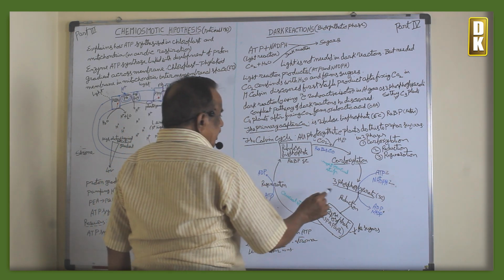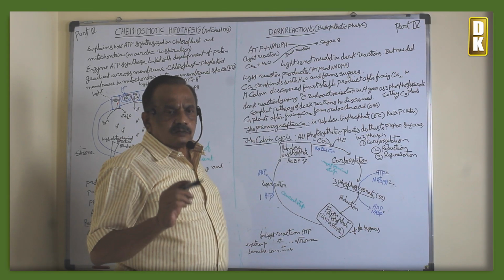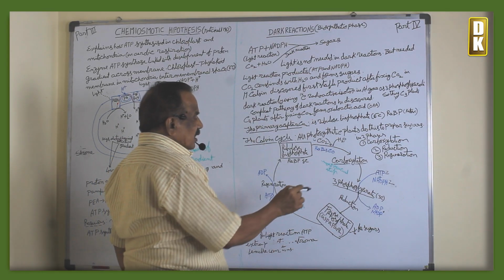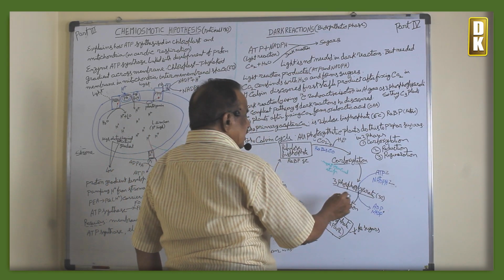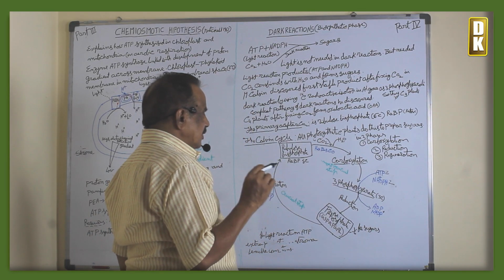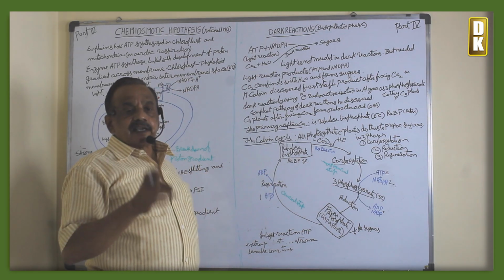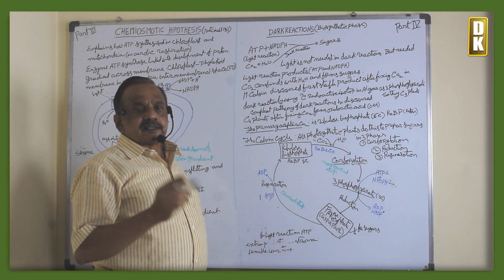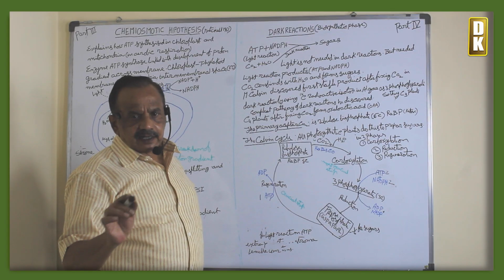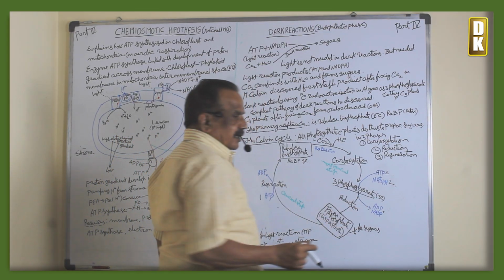Now, how many ATPs will be taken for the formation of one glucose molecule? One carbon fixation takes 2 ATP and regeneration takes 1, so 3 ATP for one cycle. 6 cycles, 6 into 3, 18 ATP are required, that he has given at the end. And how many NADPH are required?